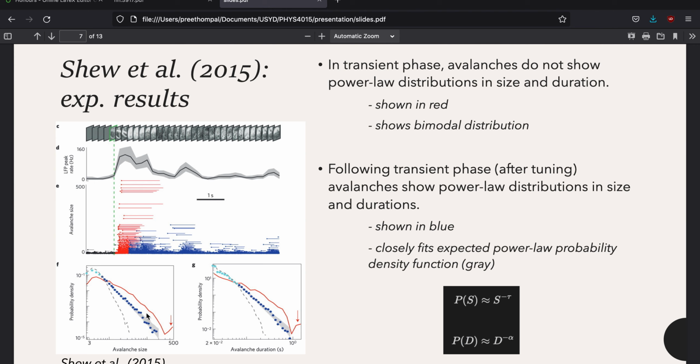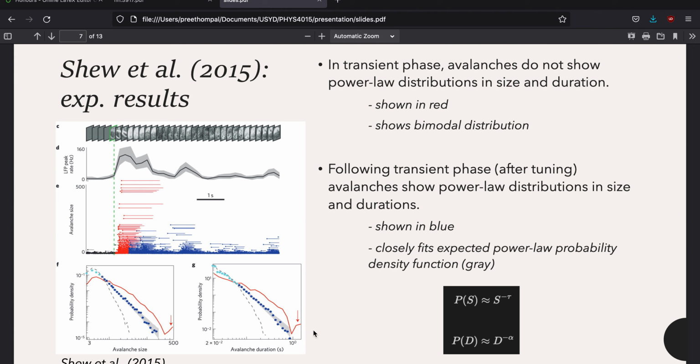After the transient phase, the avalanches actually do follow a power law distribution, which is what you expect from criticality. So these avalanches are just after the transient phase, and they closely fit the expected power law probability density function, which is in the light gray region. And it's a region because it's where you expect the avalanche sizes to be given this many samples.